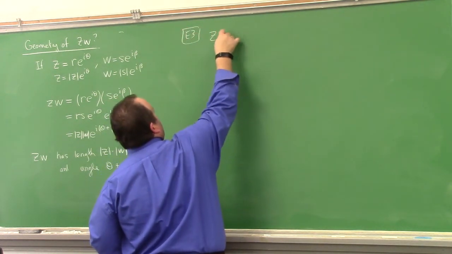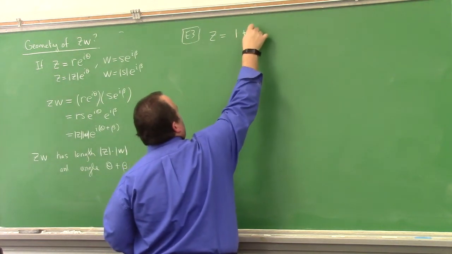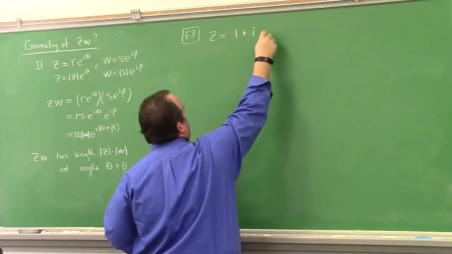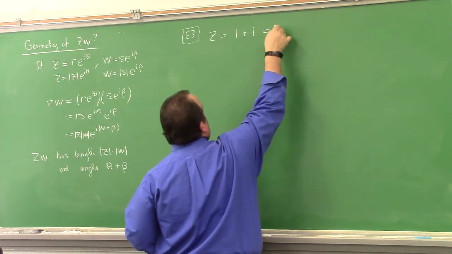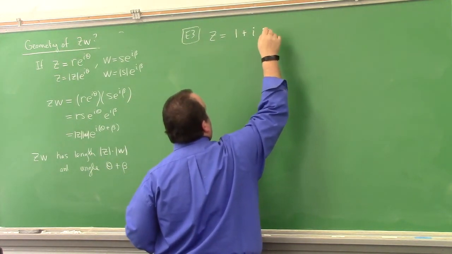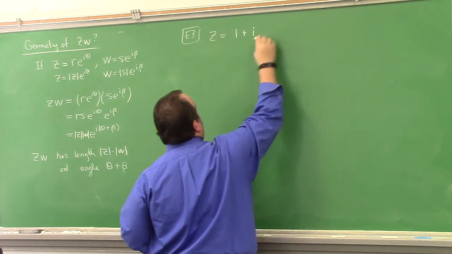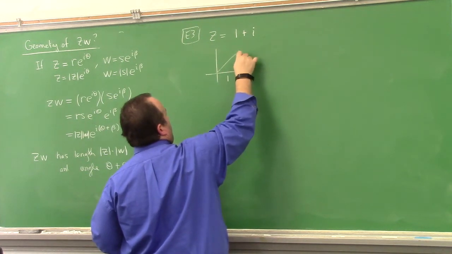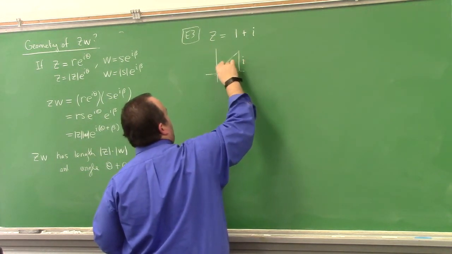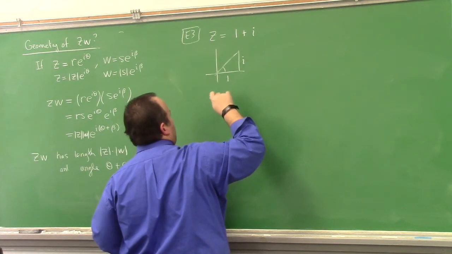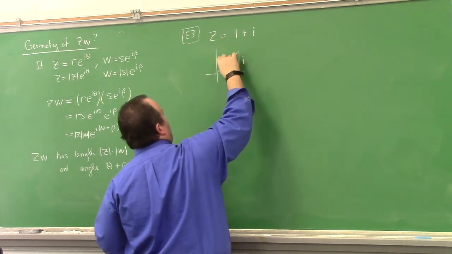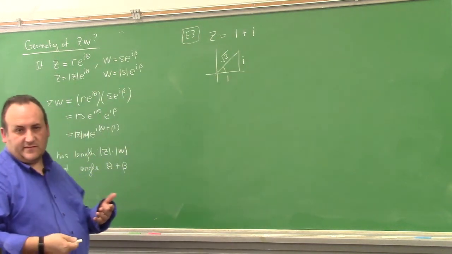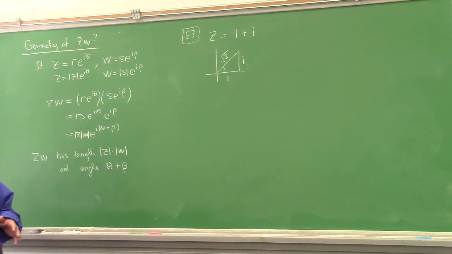if we had z is 1 plus I, how would you write that in polar form? Well, the length of this is the square root of 2, because that's 1 and 1. So the length of z here is square root of 1 squared plus 1 squared, which is square root of 2.